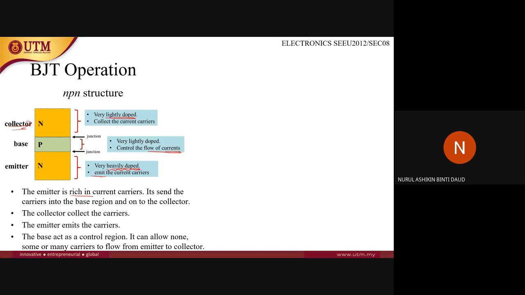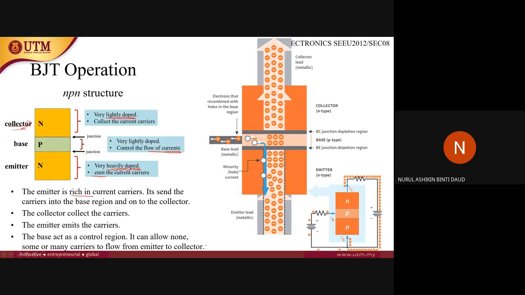So the base acts as a control region, and it can allow none, some, or many carriers to flow from emitter to collector. So let's look into a diagram of this. Let's look into detail based on this diagram. The N-type emitter region has a very high density of conduction band electrons, so it means that it has lots of free electrons.